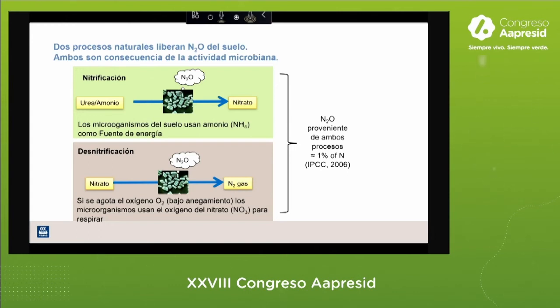Denitrification, in contrast, is a process that depends on anaerobic conditions. If there is not sufficient oxygen in the soil available for the microbes, a certain group of them is able to switch to nitrate as a replacement.